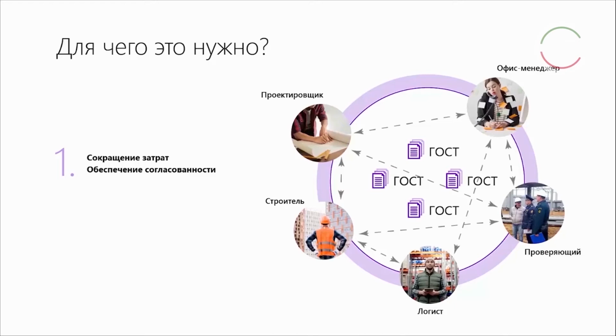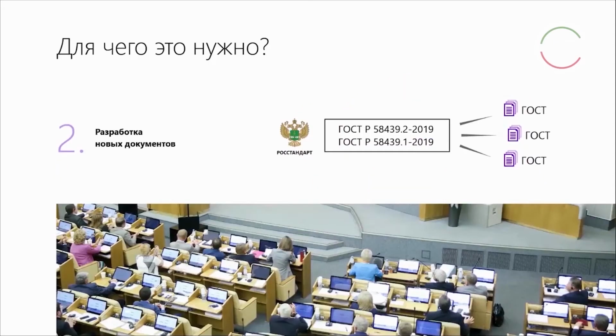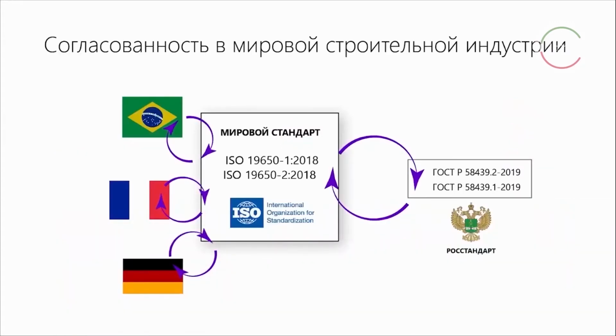Thus, we reduce the costs of information management and provide agreed and aligned actions taken by the participants of the projects, covering secondary usage and reproduction of the information. And secondarily, they are used while developing further regulatory and legal frameworks. Our state standards are aligned with the international standards.